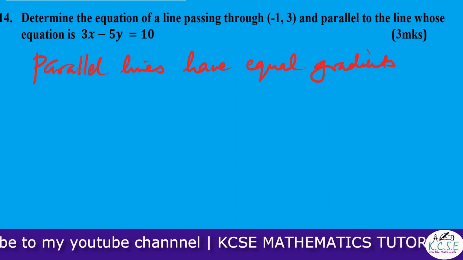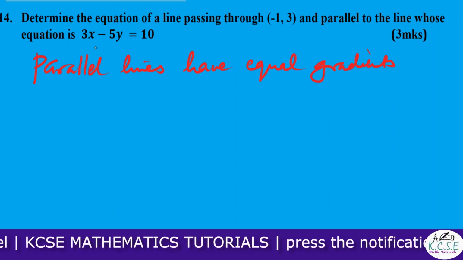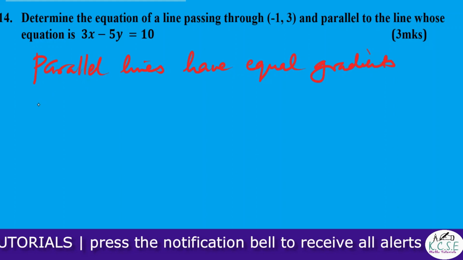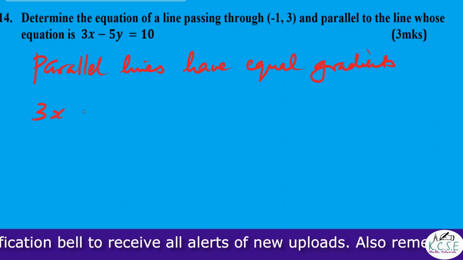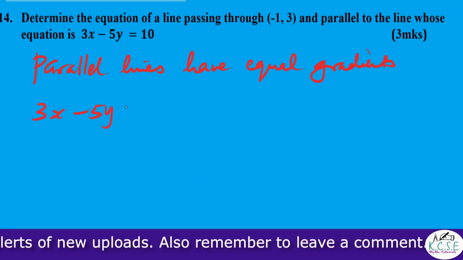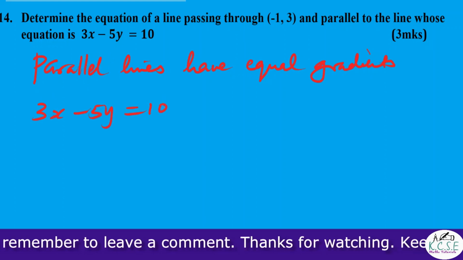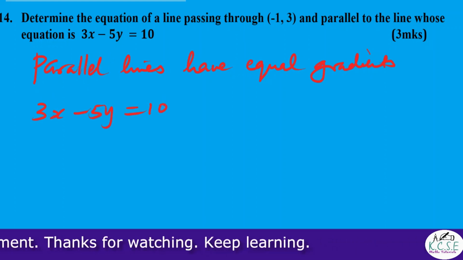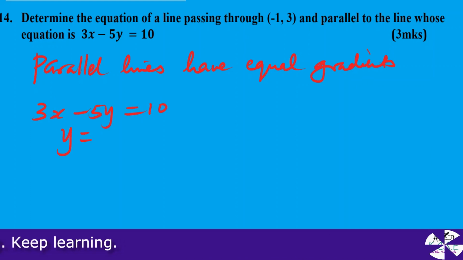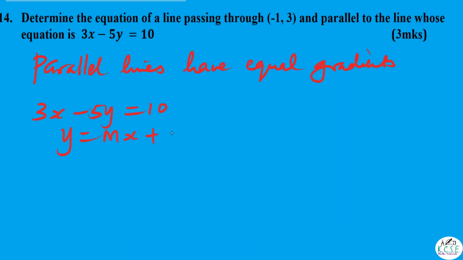For example, in this question we have two lines. The gradient of the line 3x minus 5y is equal to 10: to obtain the gradient, we have to write this equation in the form y is equal to mx plus c. So minus 5y is equal to 10 minus 3x.